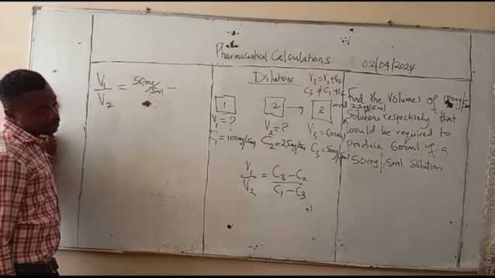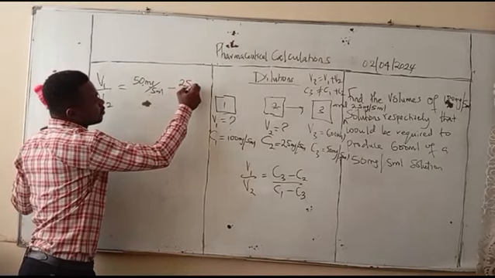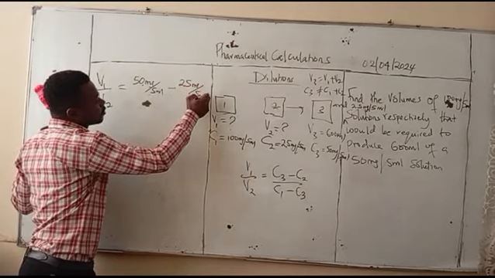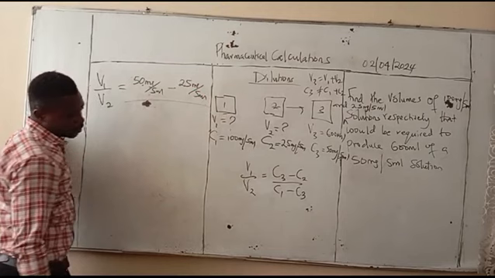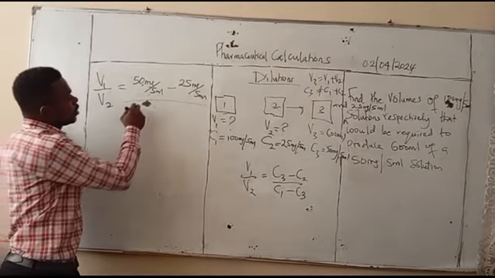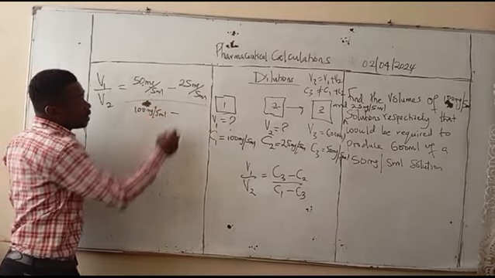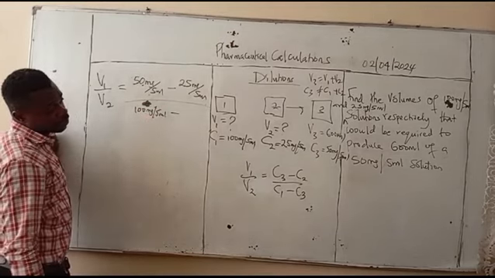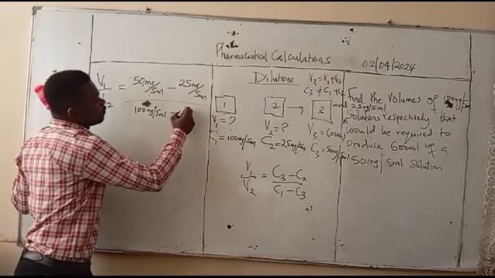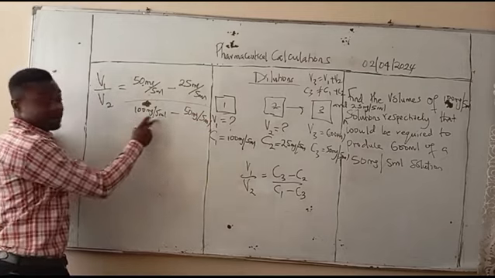C2 is what? 25 milligram per 5 mil. All over what? C1 is what? 100 milligram per 5 mil. Minus C3, which is what? 50 milligram per 5 mil. This one is shorter, but be careful about this place, okay?